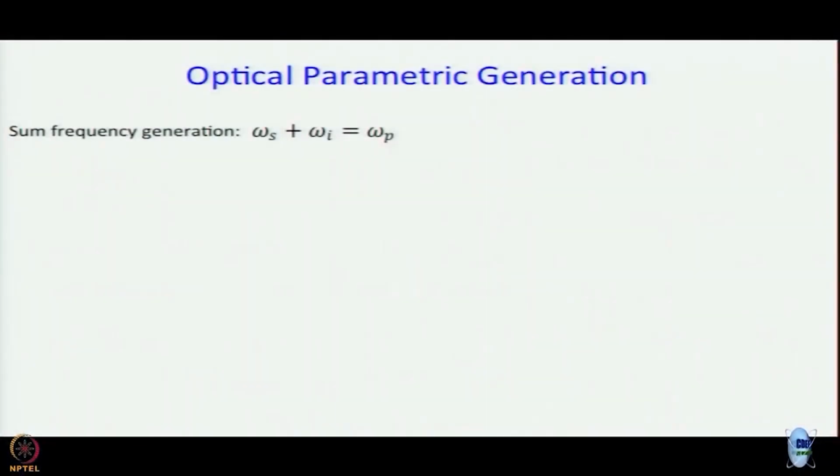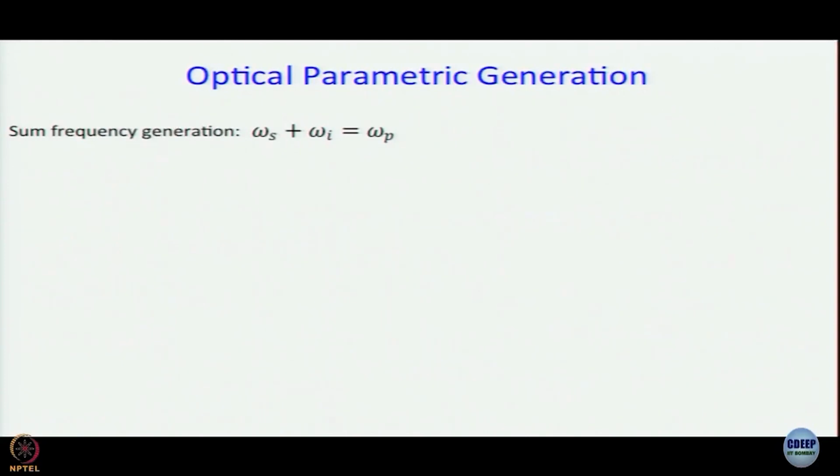So, these once again are nonlinear optical techniques, and as we are going to see, they are exactly the opposite of what we have studied earlier, second harmonic generation and sum frequency generation to be more general. As you know, in sum frequency generation we take light of two different frequencies, and in our previous discussion we developed this concept of signal and idler.